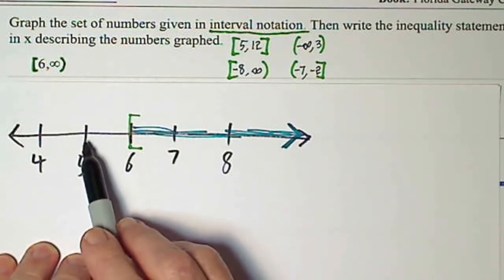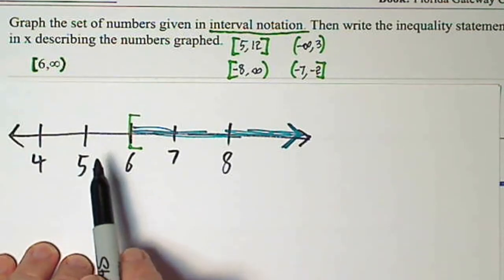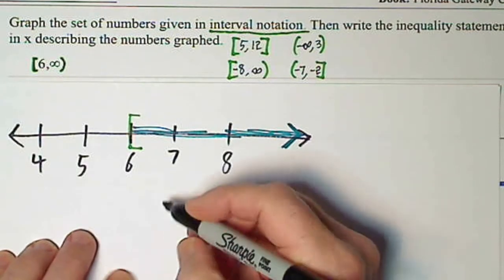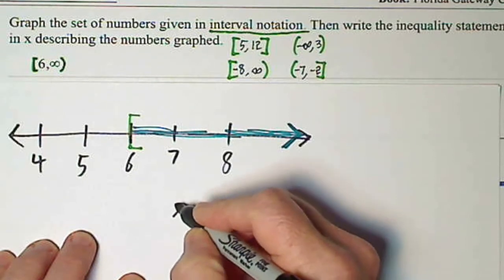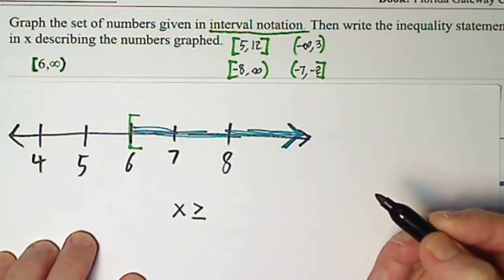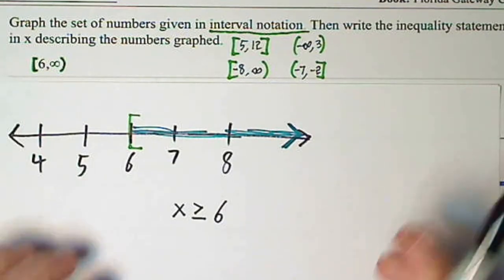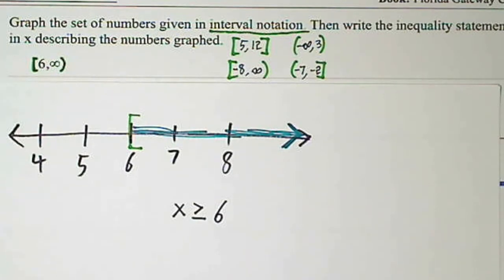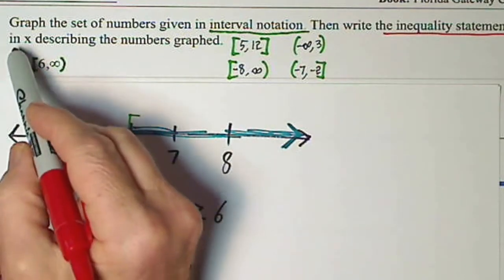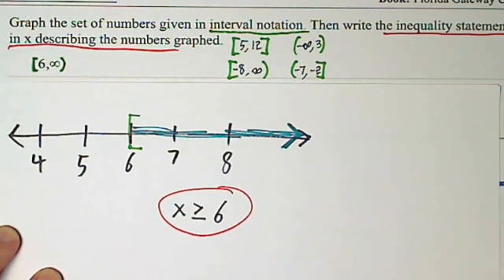But X could not be, say, 5 or 4, it can't be 5.5, can't be anything on the other side of this bracket. So we would say X is greater than or equal to 6. So the inequality statement in X is written right there.